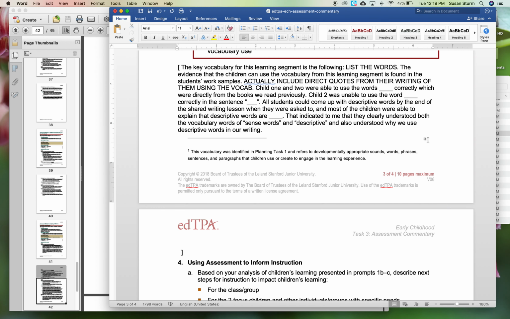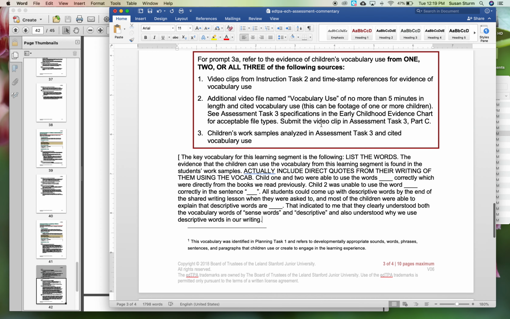So to get to a level 5, you would add something about how did you support children who maybe speak English as a new language, and you could say something like, to help my English language learners in their development of the vocabulary, I could provide them with a list of relevant cognates, which are words that look and sound the same in English and Spanish. This would help them to see the connection so they can focus on the content of writing and descriptive language and not have to be burdened with learning English at the same time. Something like that could work, and that could get you to a level 5.